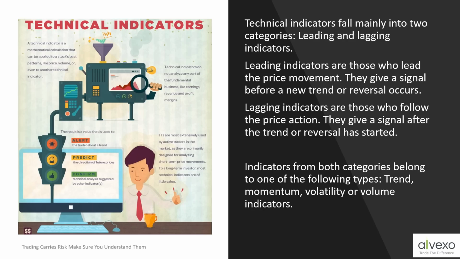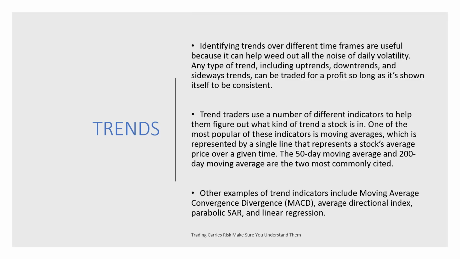Okay. But neither are better or worse than the other. You have to understand what category they fit into. Indicators from both categories fall into these 5 main types. We have trend indicators, we have momentum indicators, we have volatility and volume indicators.